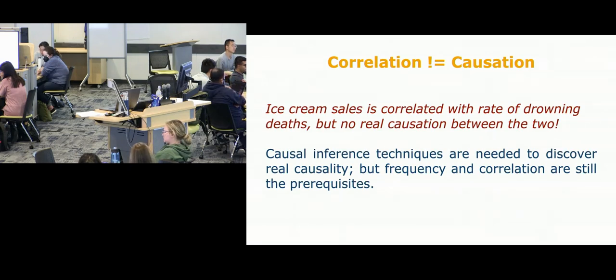However, what we are trying to find here is just correlations. Okay, so there is nothing causative about what we are seeing. You see examples of this type floated around, that ice cream sales are correlated with the rates of drowning, but there is no real causation between the two.